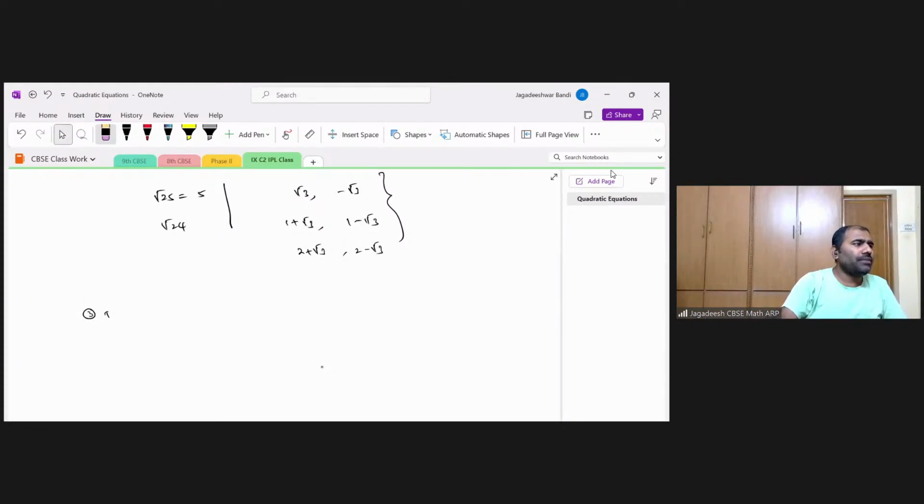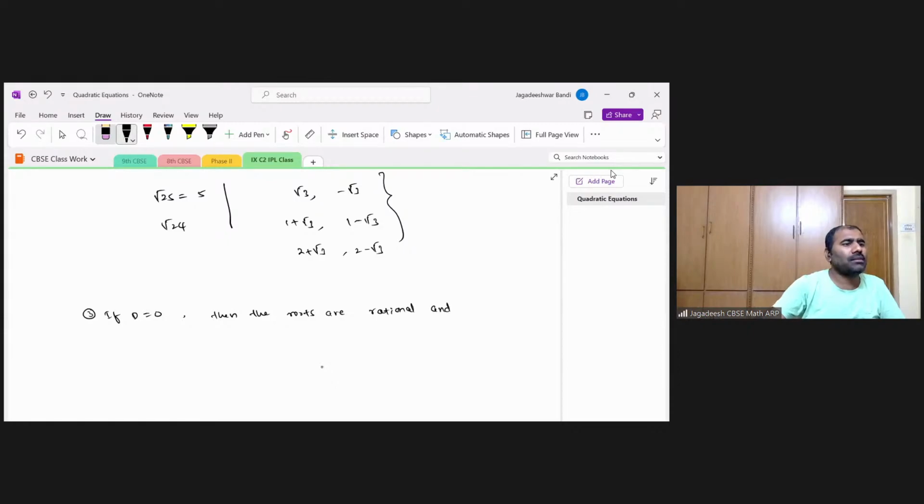Next, equal to 0, anyway, you all know. So third one, if it is equal to 0, the same concept again. So roots are equal. So rational roots. Why? Because we have taken the coefficients as rational. So we get rational roots, but they are equal.